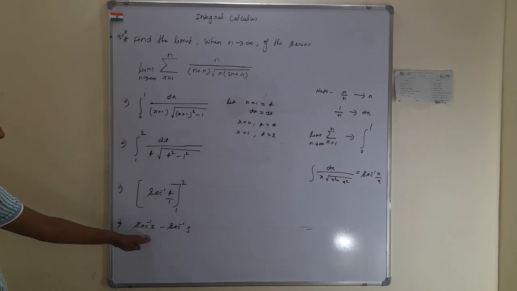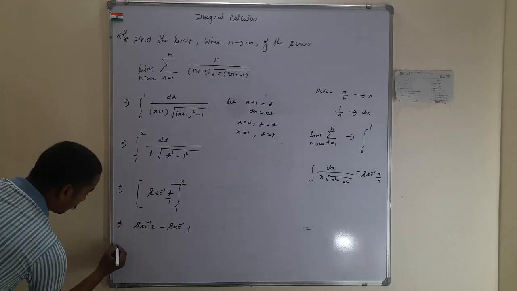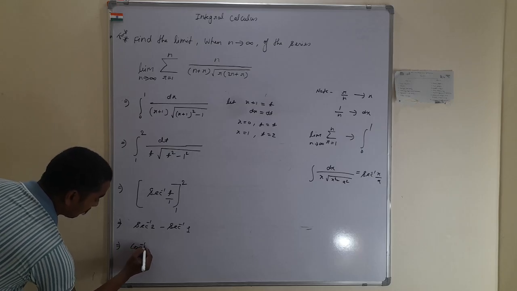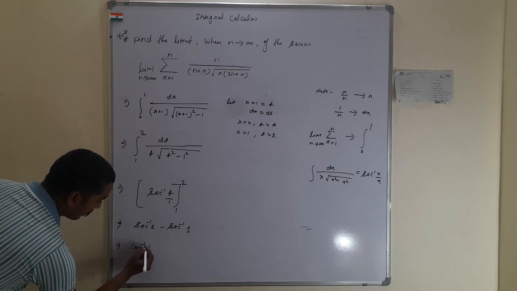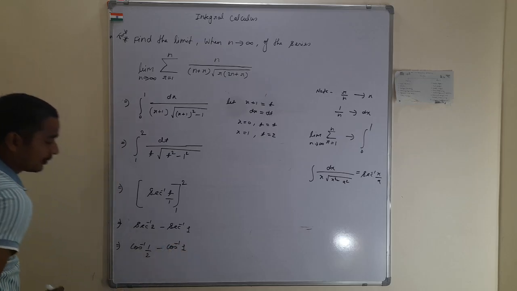And we know that sec inverse of 2 can be written as cos inverse of 1 by 2, and sec inverse of 1 is cos inverse of 1.